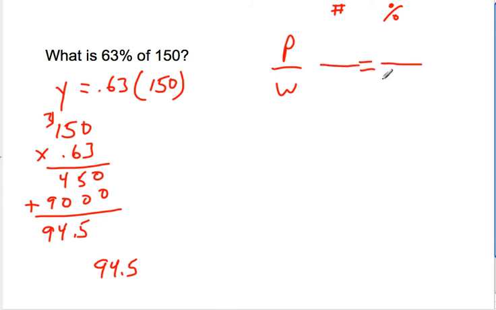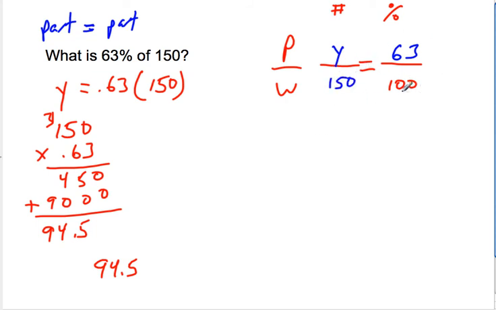As usual, the bottom of the percent is always 100. The 63 is going to be the part. And again, what is part? So I always look for that 63%, the small percent, and I know that part is part, so the n, or the y in this case, is on top, and the 150 is going to be on the bottom.